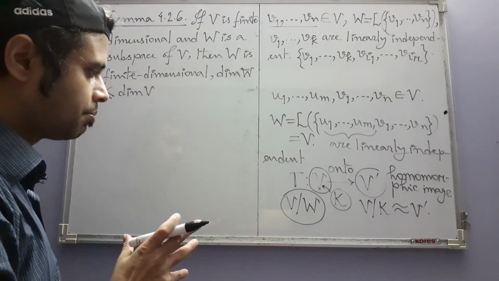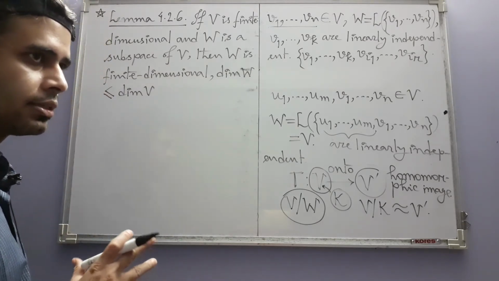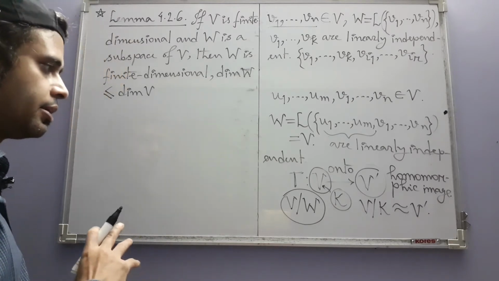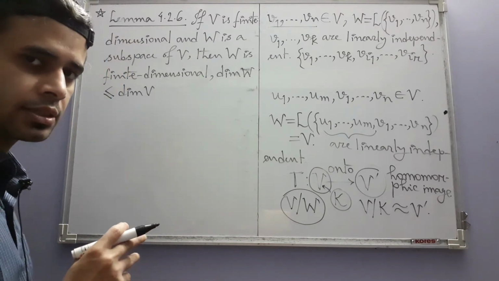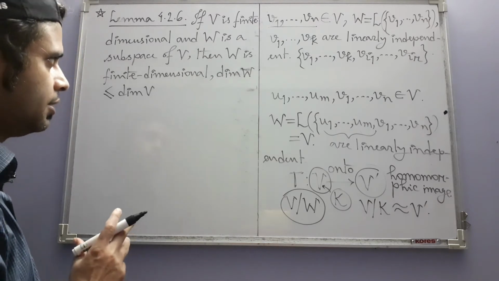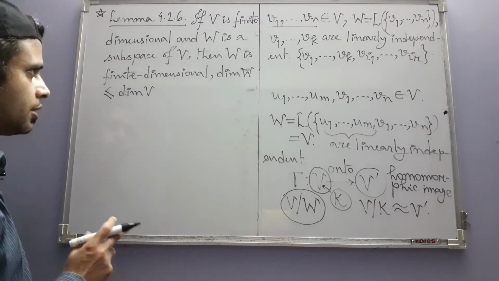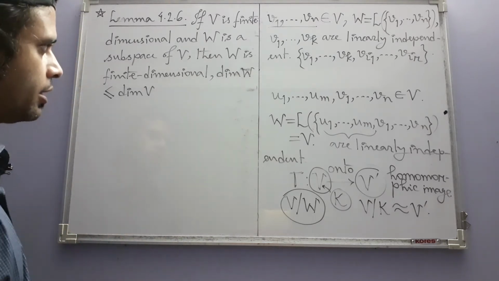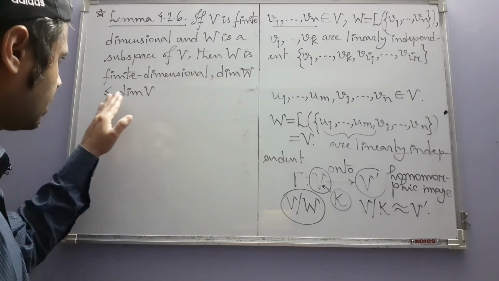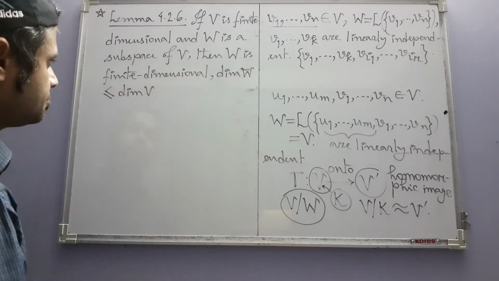No, W is a part of V and we are saying that V is finite dimensional, that is the dimension that is measuring in some sense the size of V is finite. So W should also be finite dimensional, and in fact its dimension should not exceed the dimension of V.